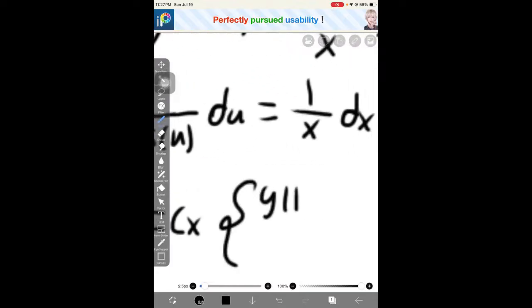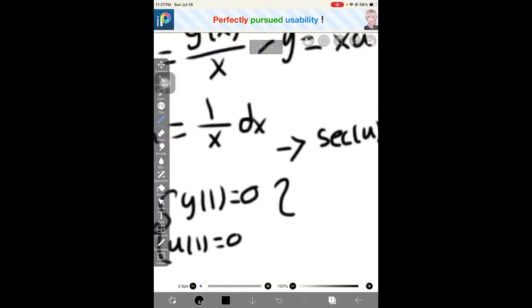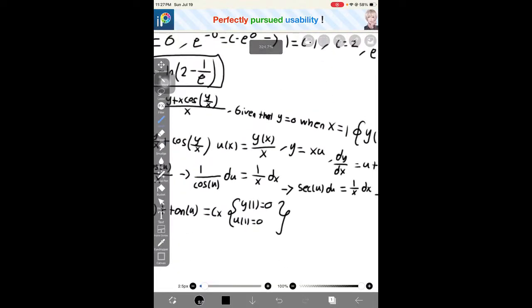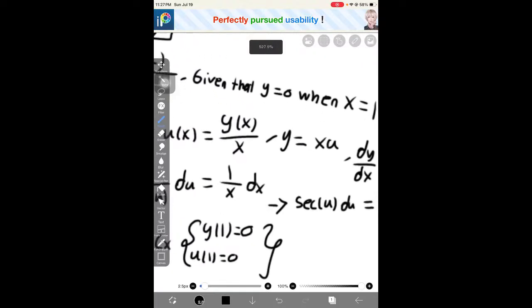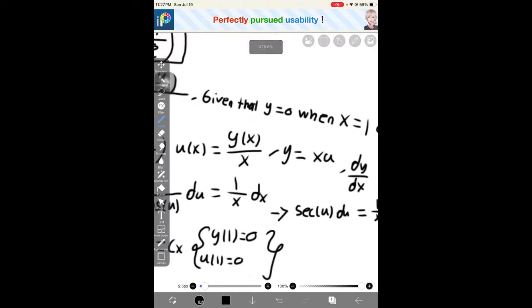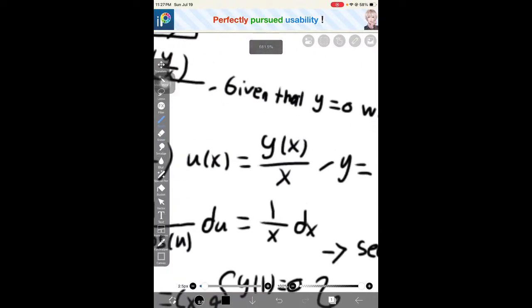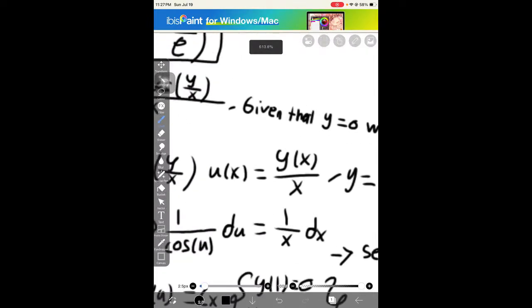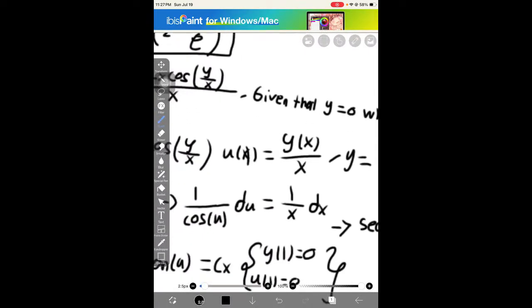Okay, so let's go ahead with the initial value. So y of 1 equals 0, so u of 1 also equals 0. I mean, literally why? If we were to input 1 as x right here, this is going to equal 0, right?